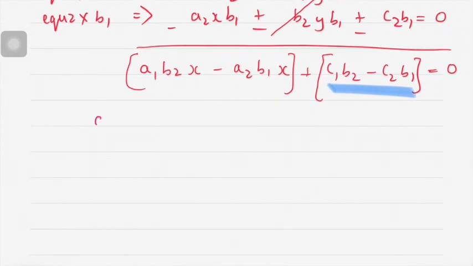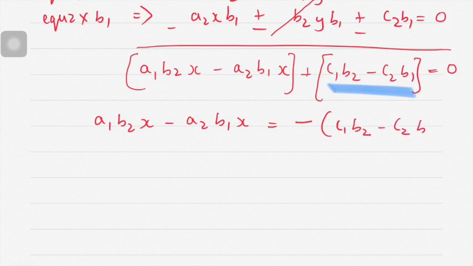Now this bracket, I'll take it on the other side. Okay. Then what will happen? a1 b2 x minus a2 b1 x is equal to minus c1 b2 minus c2 b1. Okay. X is common, I'll take it out.